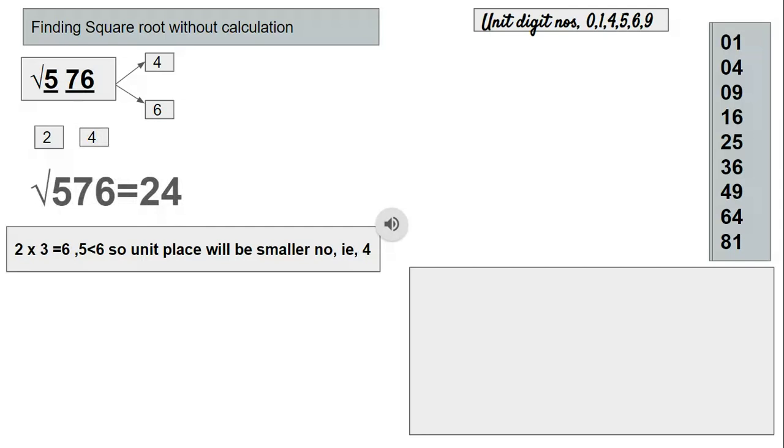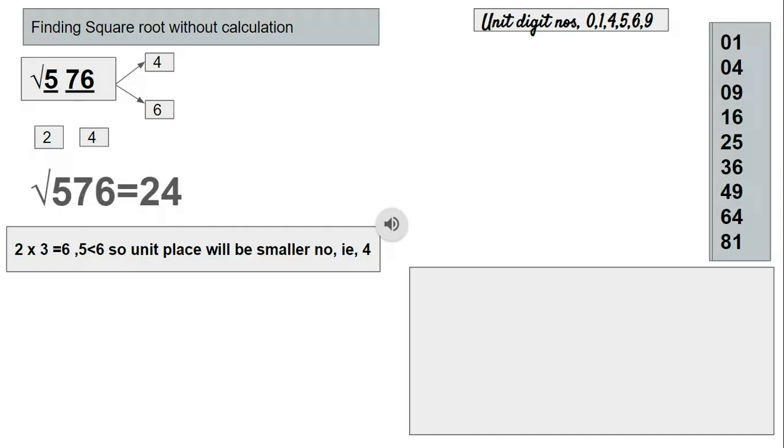We know that 2 twos are 4, so we will take 2. Then multiply with the next number. Here we got 2, so the next number is 3. 2 threes are 6. Now you compare 5 and 6. If 5 is smaller, then we have to put the smaller number. Instead, if we are getting a bigger number, then we have to take the bigger one. Clear? So the answer is 24.